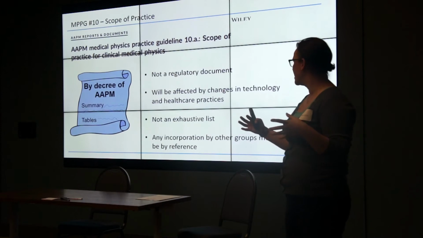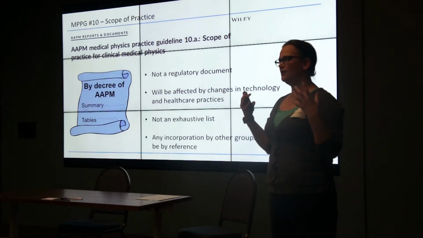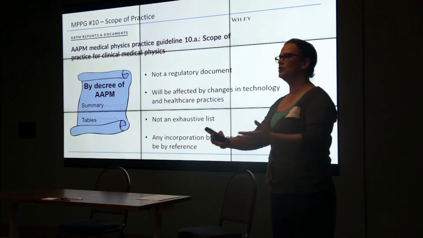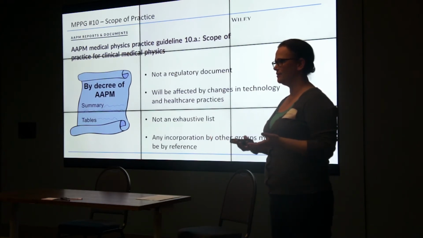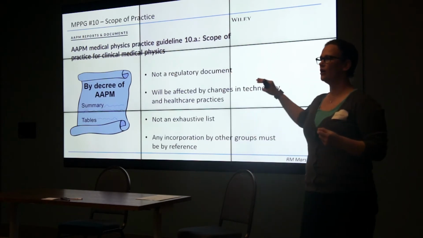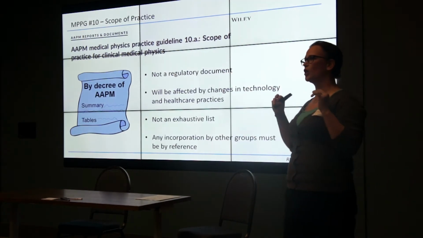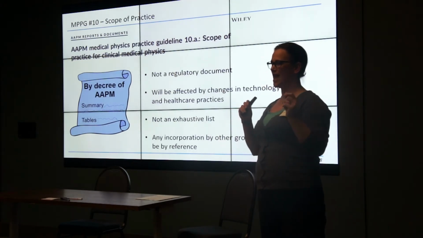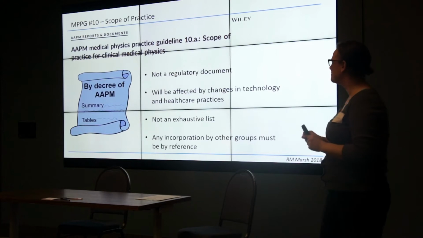This was something that was a big issue, with people on both sides of the table, so to speak. In initial drafts, it said that AAPM was encouraging that regulatory bodies adopt this, what's outlined in terms of what medical physicists are qualified to do and what work should be done only by an AAPM-defined qualified medical physicist.